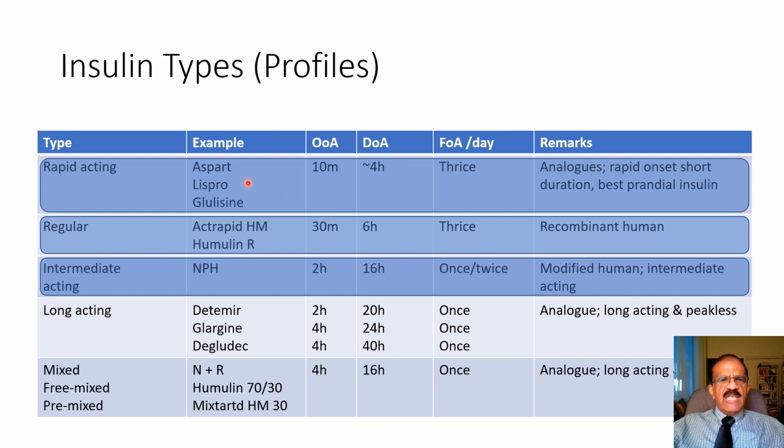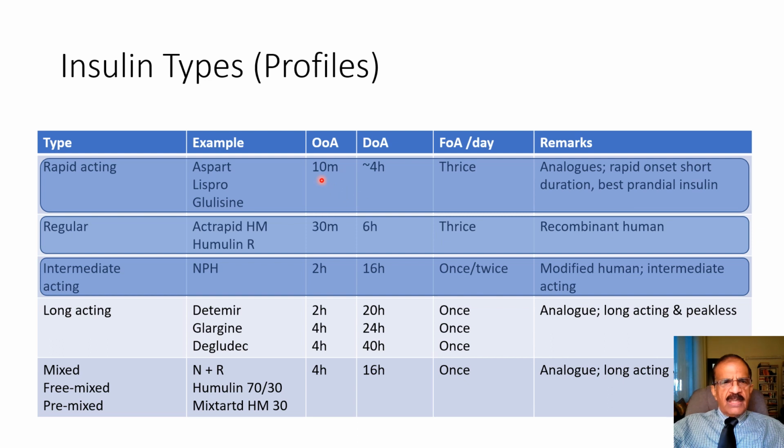So we have three examples: aspart, lispro and glulisine, and their duration of action is 4 hours. Now what do you think? This 4 hours as compared to this 6 hours, is this an advantage or disadvantage? Many would think that this is a disadvantage, but actually this is an advantage. I'll explain to you later how.